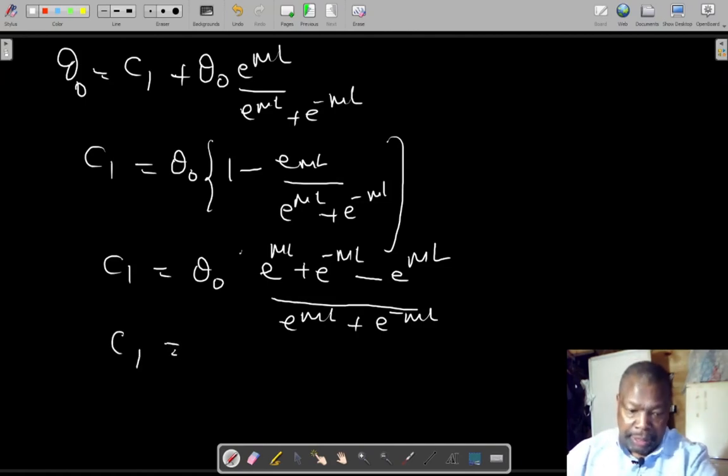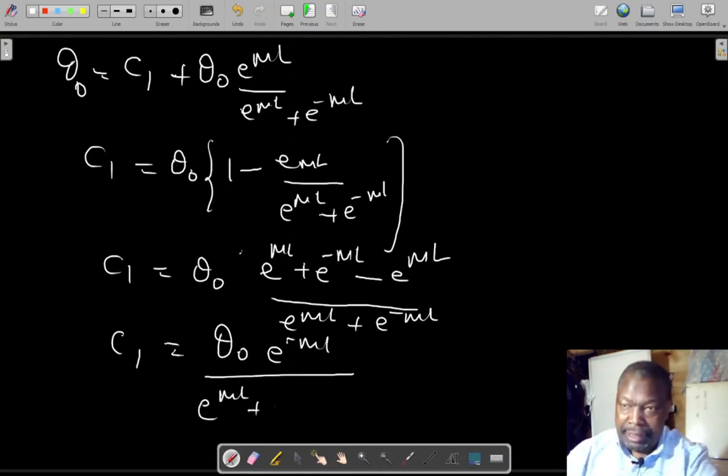So C1 is equal to theta naught e^(-mL) divided by (e^(mL) plus e^(-mL)), and that is our equation 4.